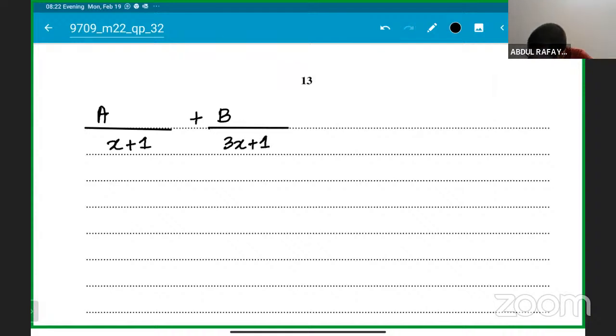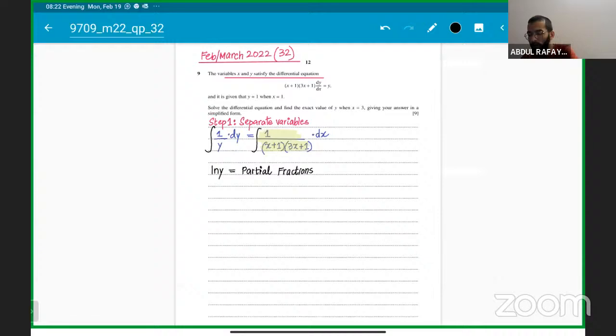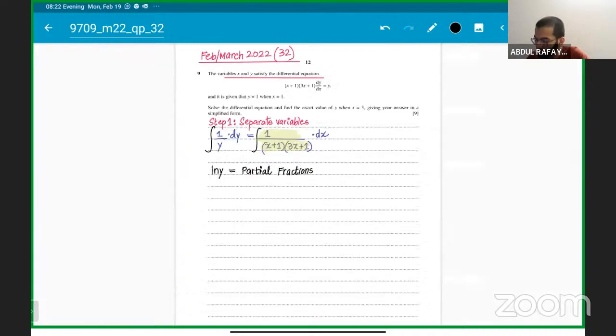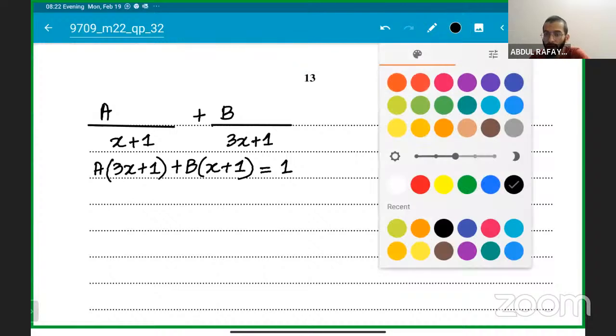So here we go. It will be A times (3x plus 1) plus B times (x plus 1), because it is linear, so it's a very simple basic one. This is equivalent to 1 only. You know how partial fractions work, right, guys?